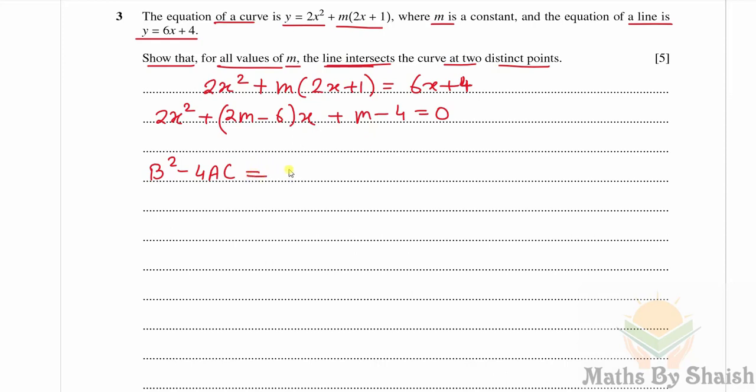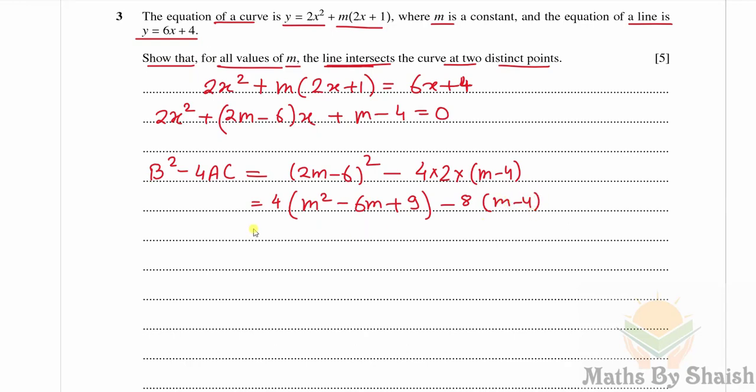So this is equal to (2m minus 6) whole squared minus 4 times a, that is 2, into c, that is m minus 4. We can take 2 common from here and it would be 4, and then we'll expand (m minus 3) squared and it will give m squared minus 6m plus 3 threes are 9, and minus 8 times (m minus 4).